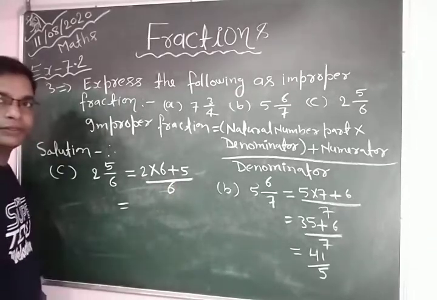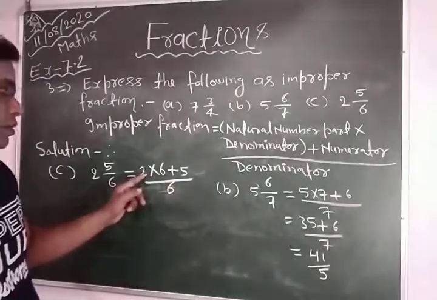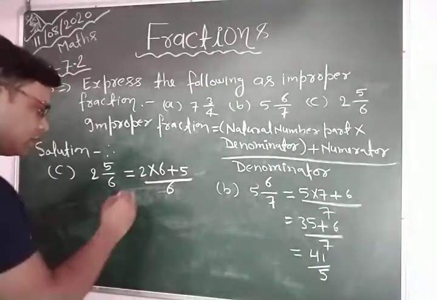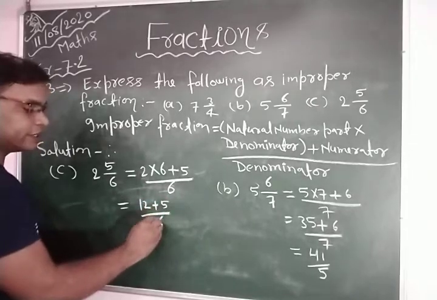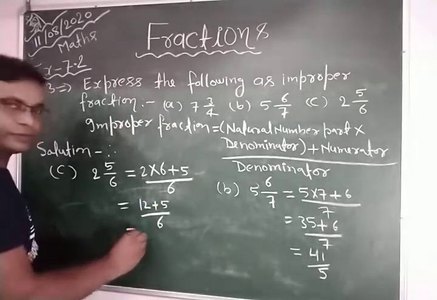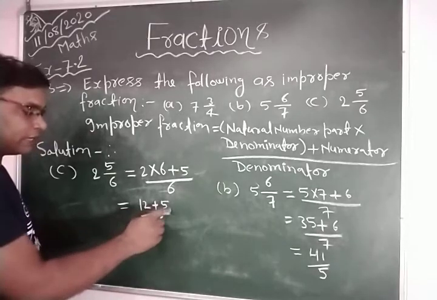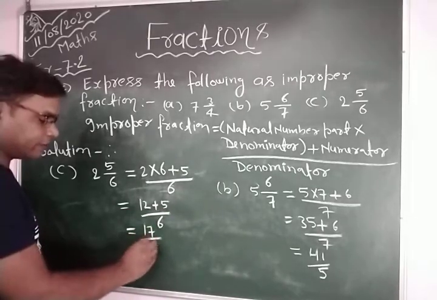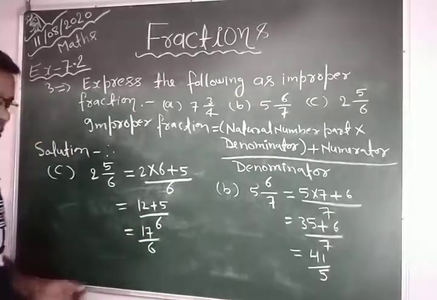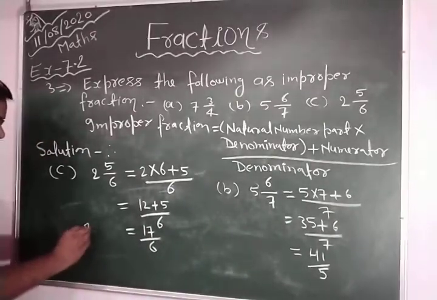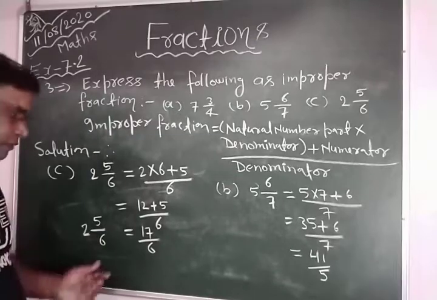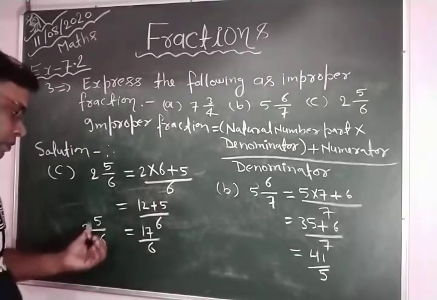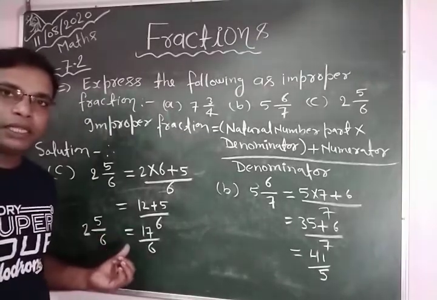So 2 sixes are 12. You can write here 12 plus 5 over 6. Now 12 plus 5 is 17/6. This is an improper fraction. So we convert the mixed fraction 2 whole 5/6 into an improper fraction, and we obtain 17/6.